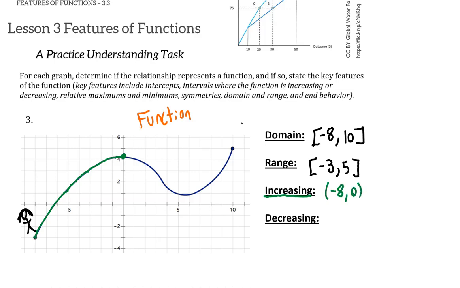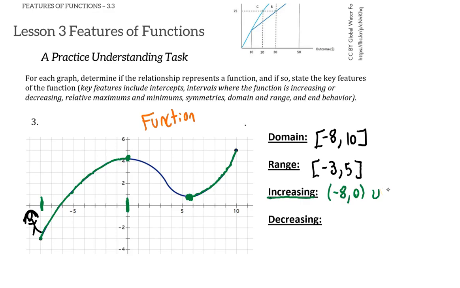Remember, for increasing, we're listing the x values of the interval on which the y values are increasing. So we're looking at the y values to figure out where it's increasing, but what we write in our interval is the x values. Then later on, we have this other section of increase. It's starting down here and increasing again for the final part of the graph.